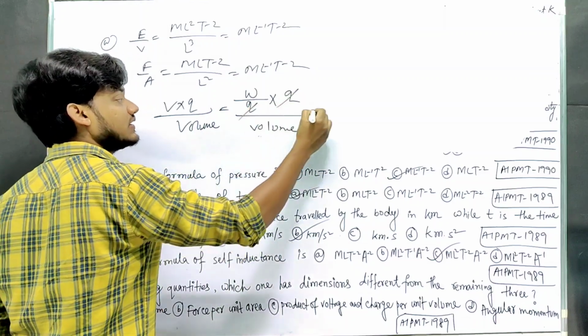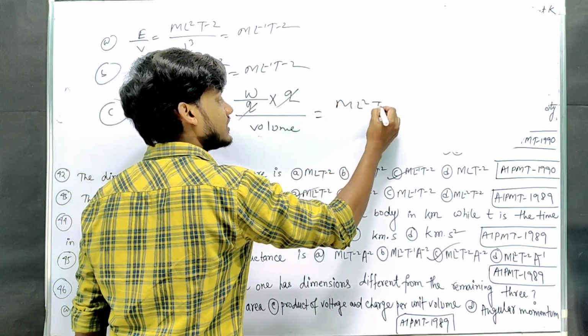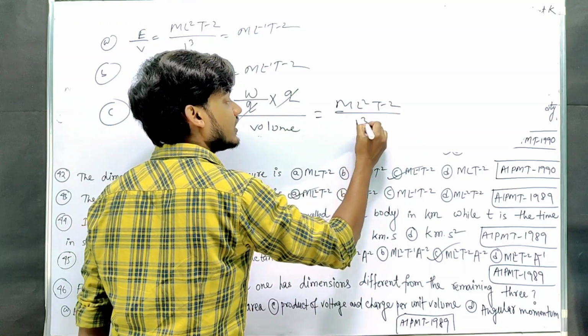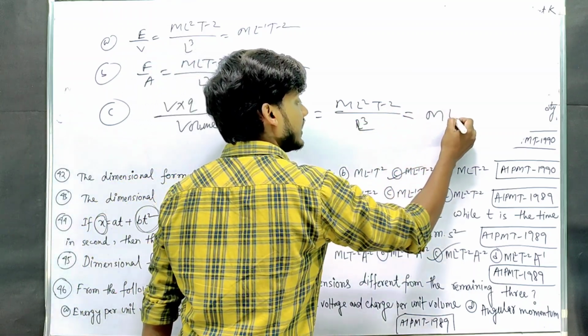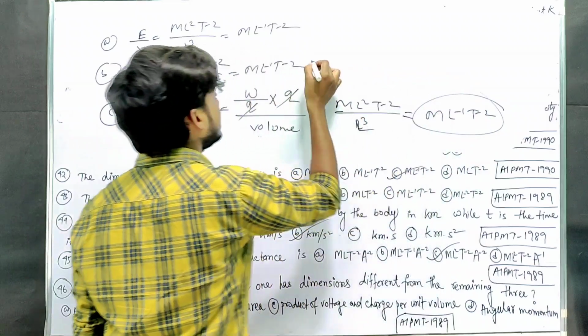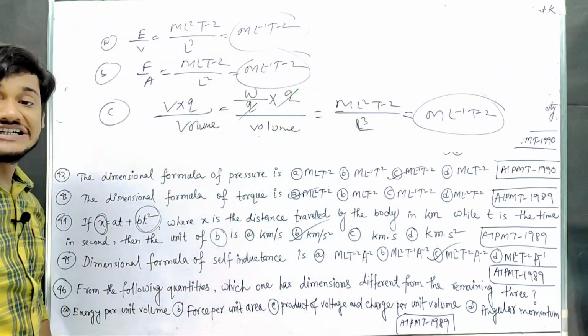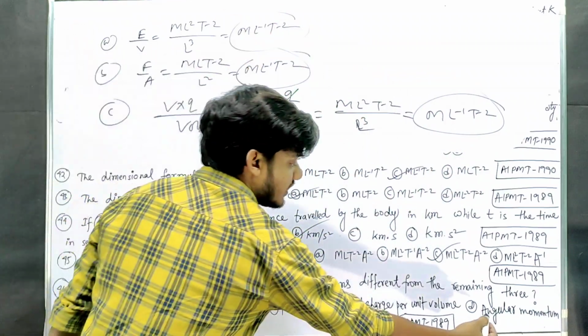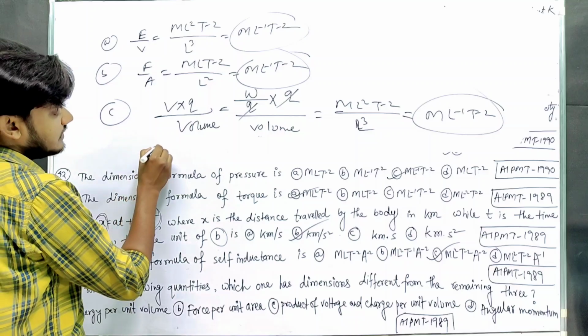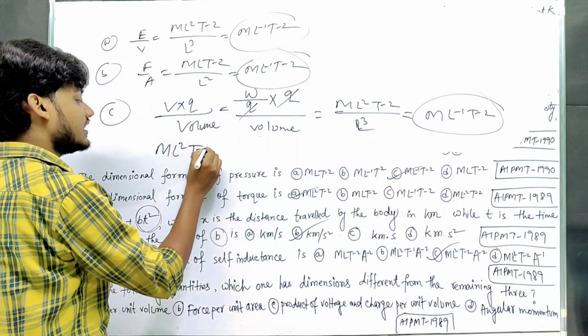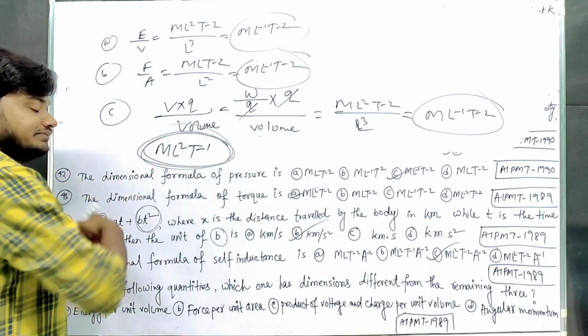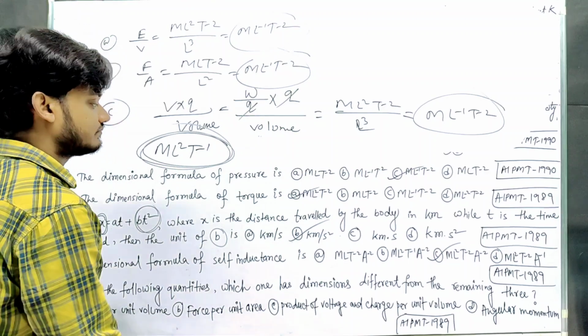Okay, Q cancels out, W equals ML²T⁻², volume L³, so we can write ML⁻¹T⁻². So these three have the same dimensions. Angular momentum, we know the dimension equals ML²T⁻¹.